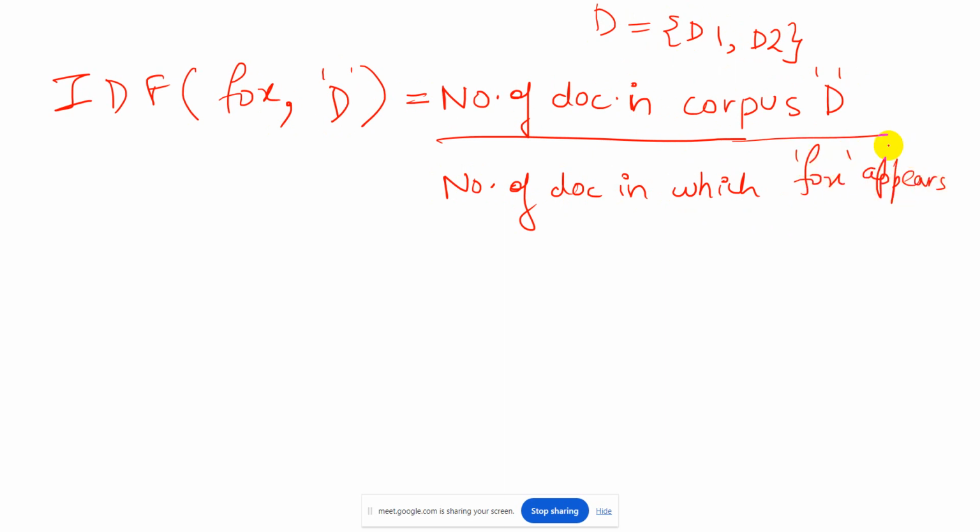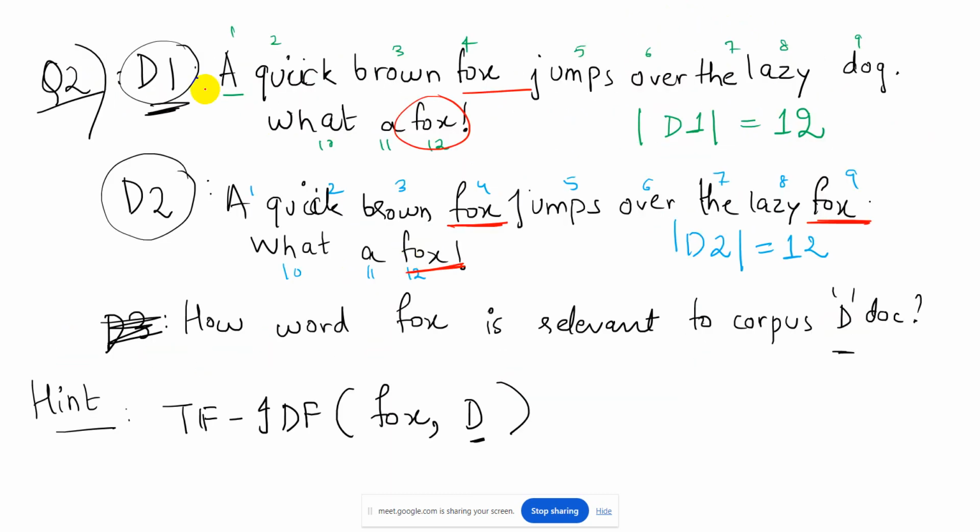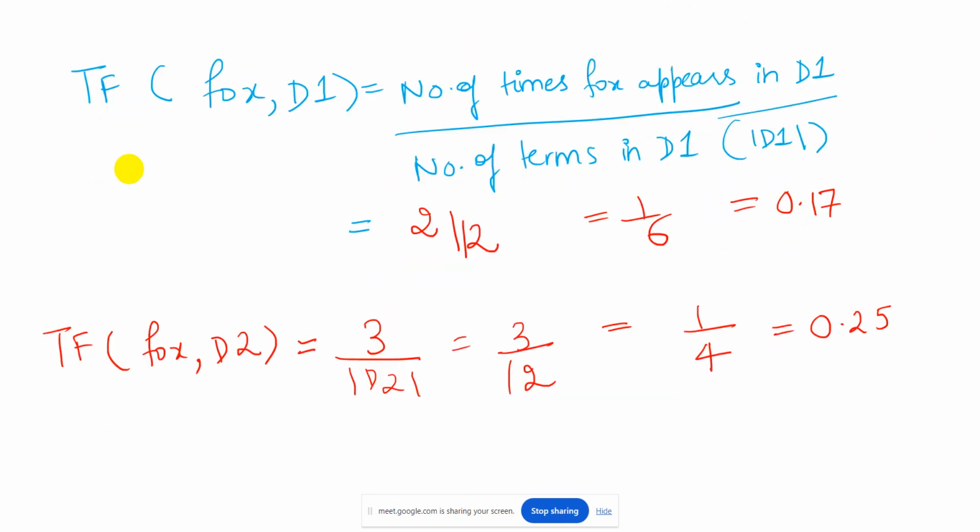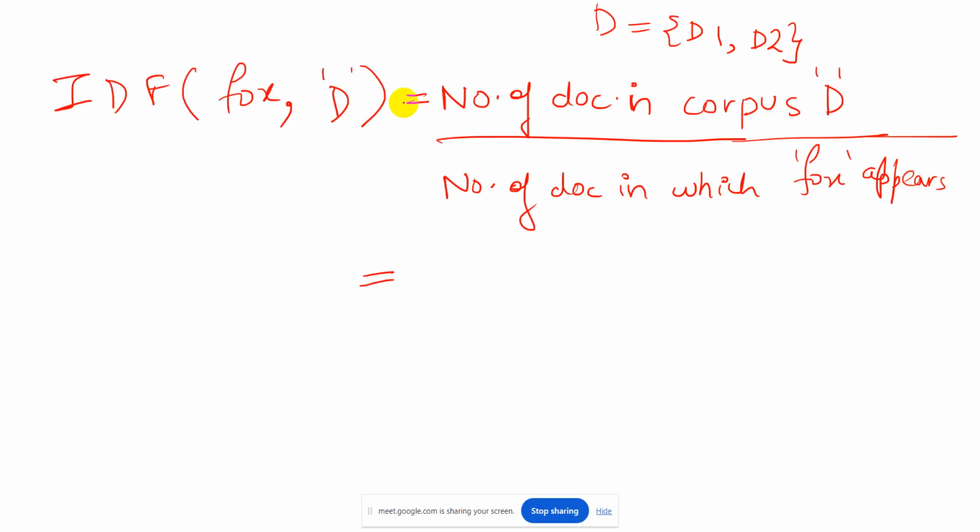So how many documents are there in the corpus? 2. And you have to take the log of it.